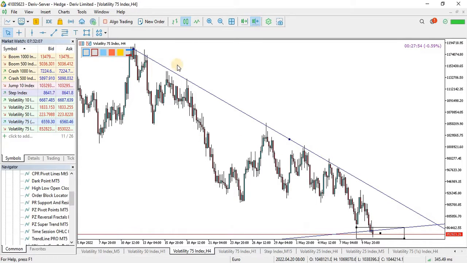Okay, this is on the 4 hours. We have a touch here, another touch here, another touch here, another touch here, another touch here. So it's a sign that we are in a very strong downtrend.